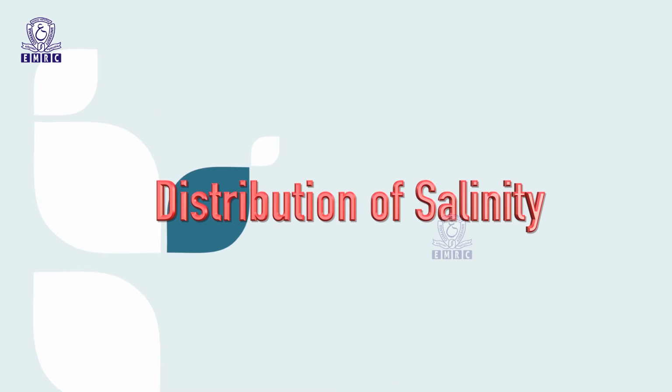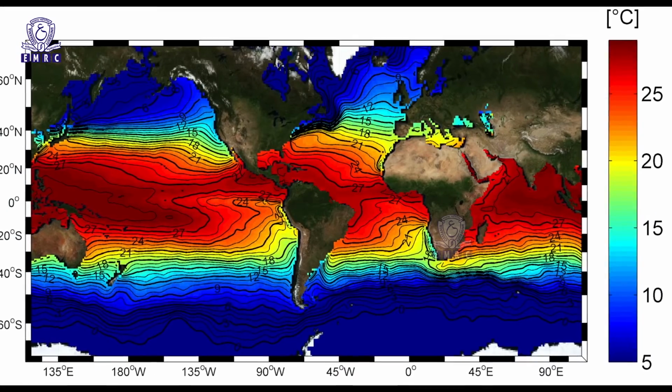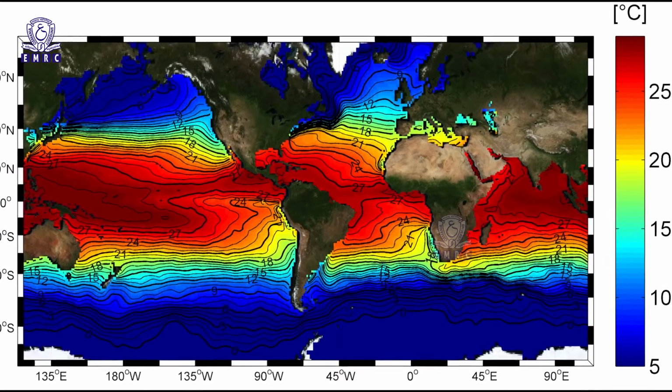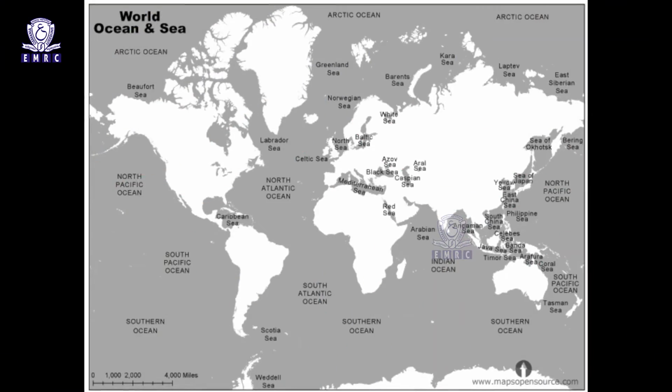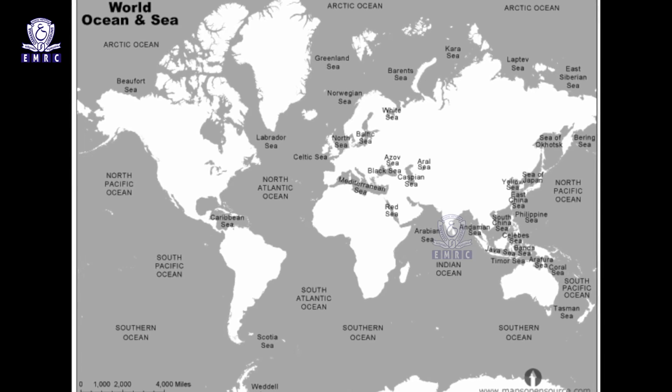There is also temporal variation in oceanic salinity. The oceans in the northern hemisphere record maximum and minimum salinity during June and December respectively. The average salinity in the oceans and seas is 35 parts per thousand, but it varies spatially and temporally in different oceans, seas and lakes.